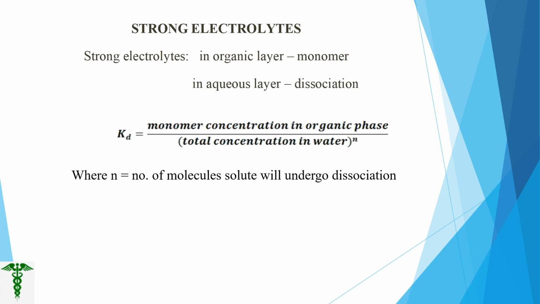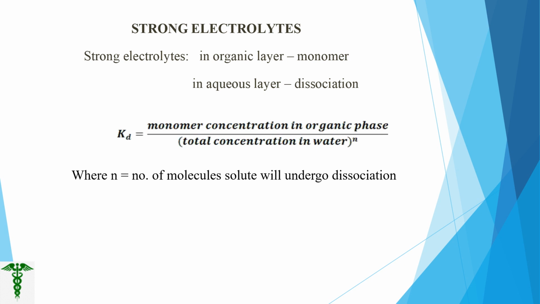First of all, we are going to tell how it dissociates when it moves to an organic phase or to an aqueous phase. If it's a strong electrolyte, in the organic layer it will come as a monomer, and in the aqueous layer there's a tendency to dissociate if the component of your mixture is a strong electrolyte.